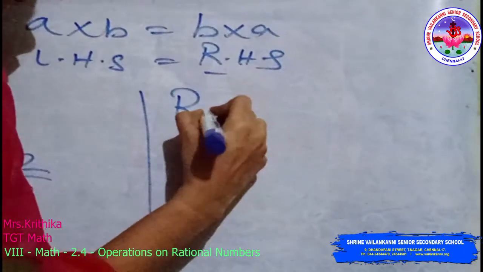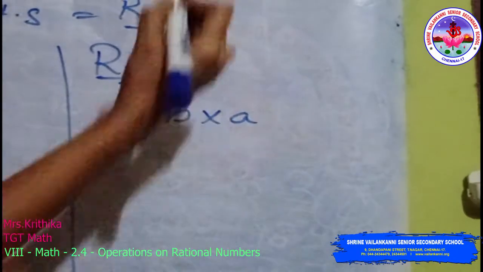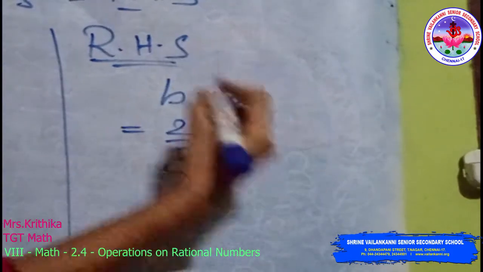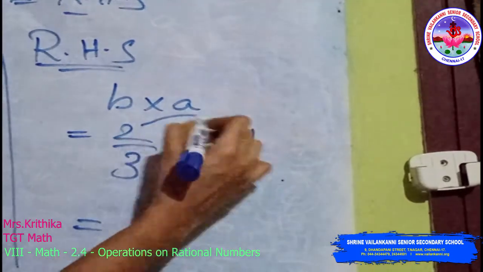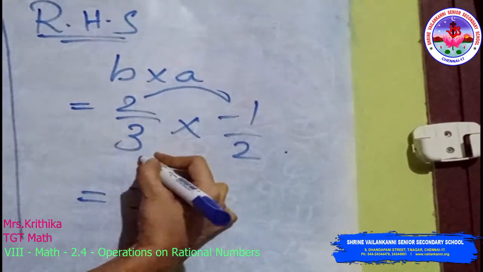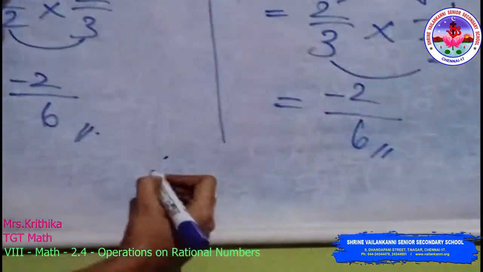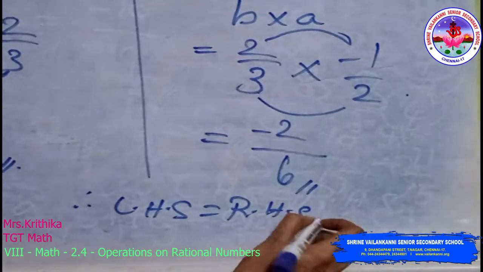Now move to the RHS. b into a. Substitute the b value first, 2 by 3, into the a value, negative 1 by 2. Now multiply the numerator values: 2 into negative 1, negative 2, divided by the denominator: 3 twos are 6. Therefore, LHS is equal to RHS.